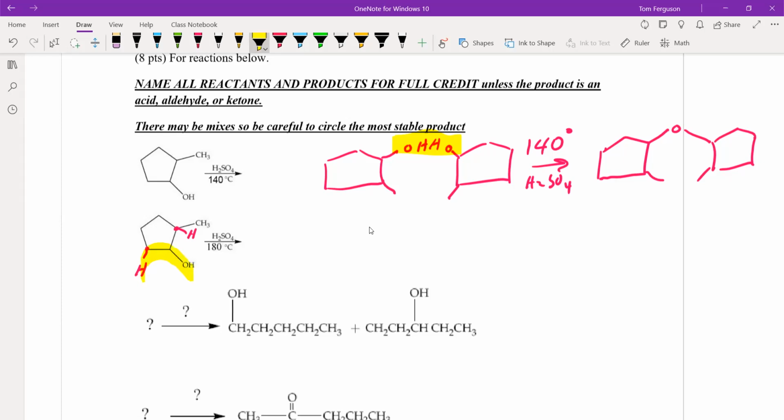So that's one of the waters, and here's the other one. So that means we're going to get a mix. So we take the yellow one first. That's where the double bond is going to be.